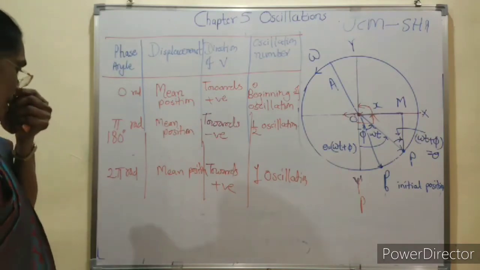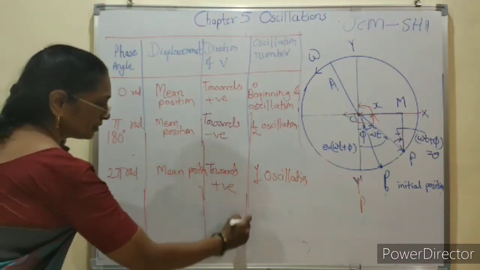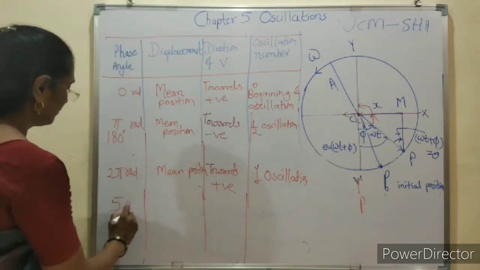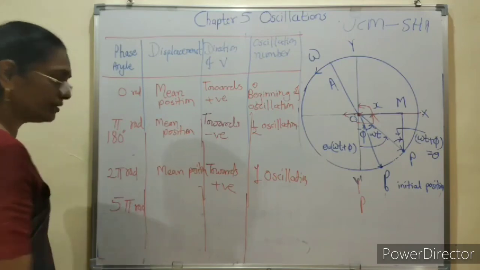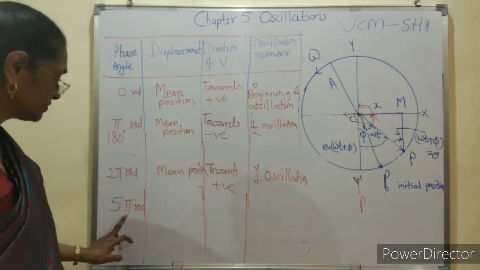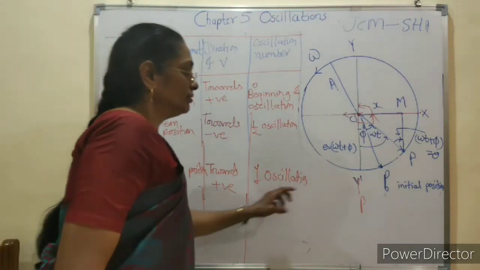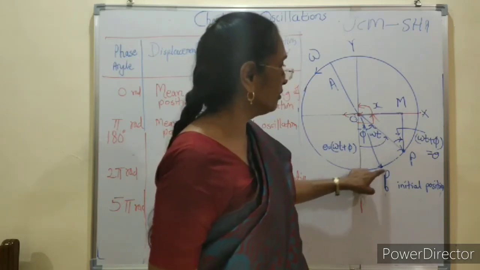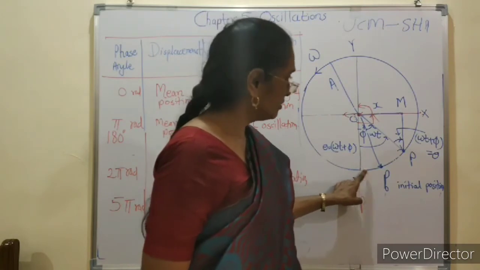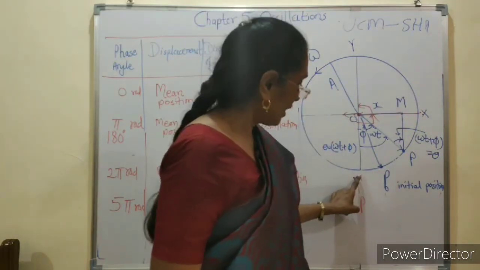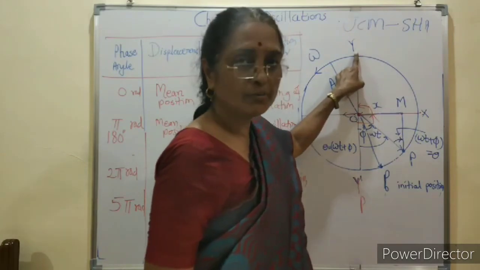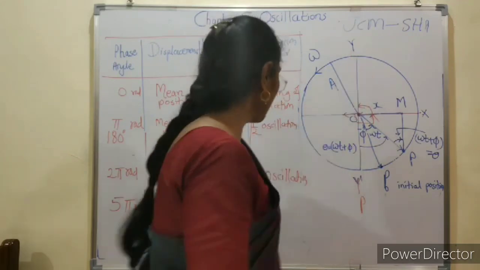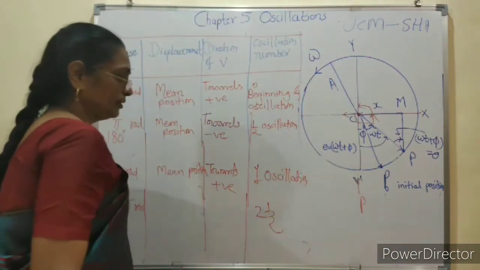We take one example, suppose the angle is equal to 5 pi radian. 5 pi radian means we can take the displacement of particle or motion of particle P. One revolution gives twice pi, second revolution gives 4 pi, and again one multiplied by pi we have to take, particle returns at Y. So 2.5 oscillations are completed.